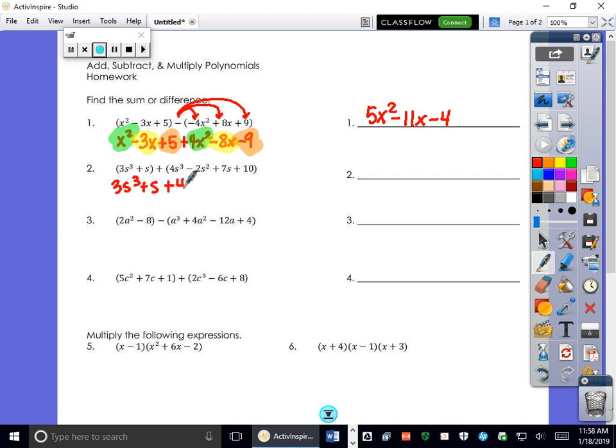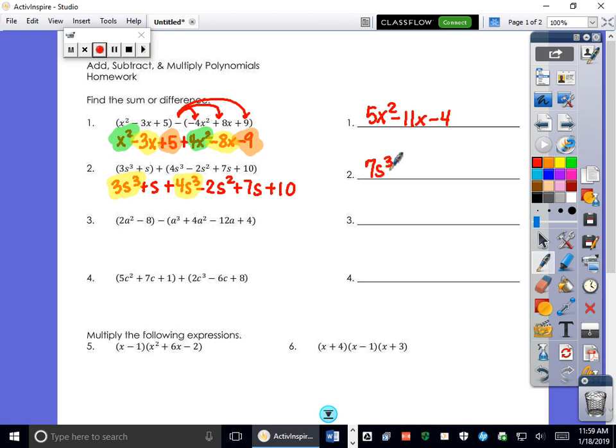With addition on the next one, we can act as if we don't have parentheses, and we're just adding all of those terms, and the signs do not change because addition doesn't change the signs. So we're going to look for 3s to the third and 4s to the third. Those two would be put together to make 7s to the third.